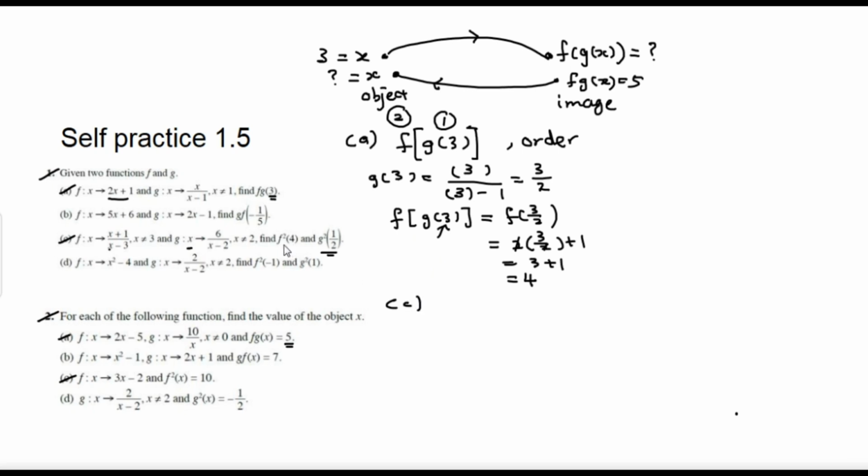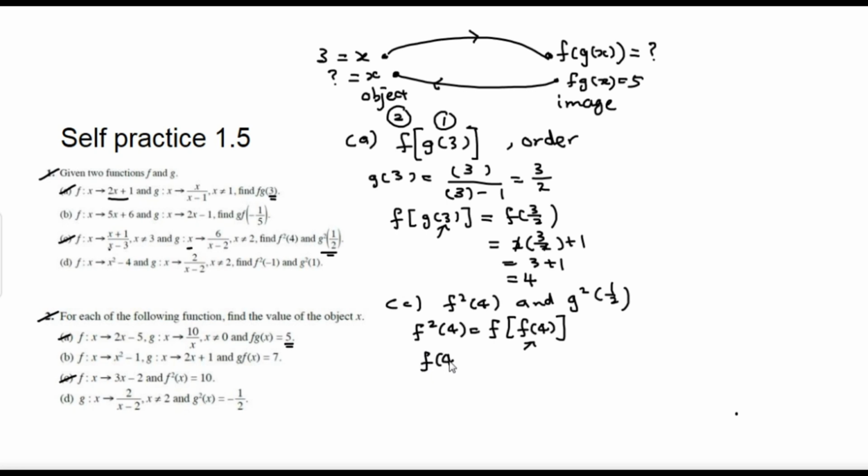So we are going to find f squared of 4 and also g squared of half, given f(x) is equal to x plus 1 over x minus 3 and g(x) is 6 over x minus 2. Let's start with f squared of 4. So f squared of 4 is the composite function f(f(4)). Find the value of f(4) first.